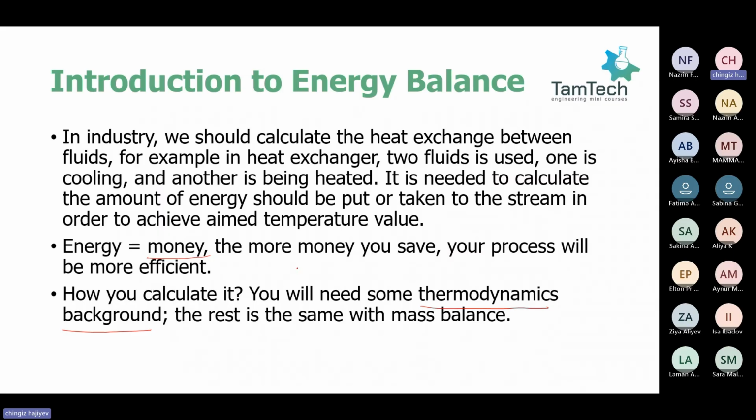And the main aims of operation, and the main aims of why we have a job as so-called production engineers, are to save money and to be as efficient and as profitable as possible. Okay. Therefore, in order to know how much energy we need and how much energy we exchange between fluids, we need to do energy balances.